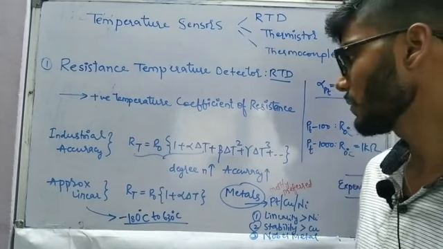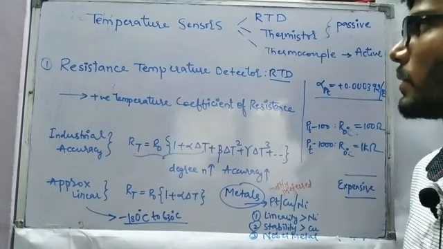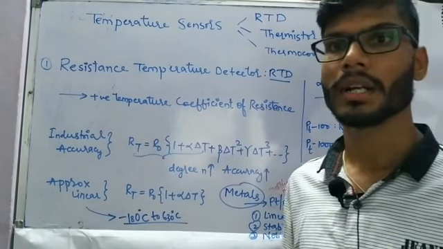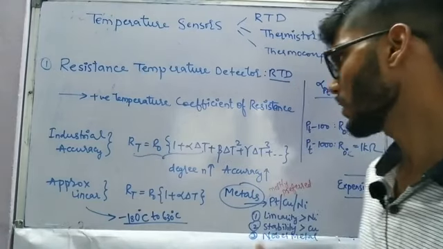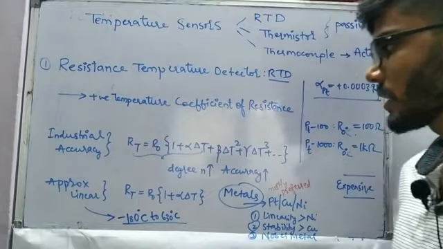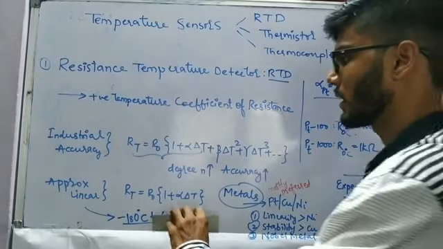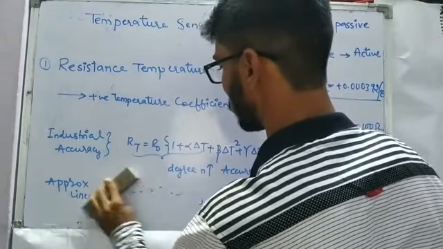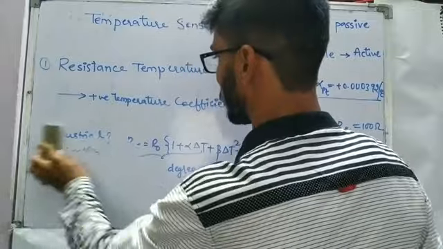So in that case only do we usually prefer platinum RTD, otherwise we try to find some other alternative because it is the expensive one. So having understood the expression RT is equal to R naught (1 plus alpha delta T), we will try to establish some industrial use out of it.